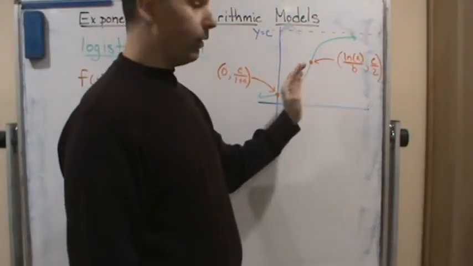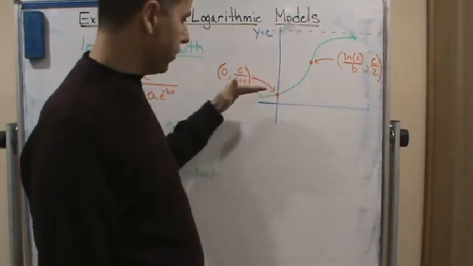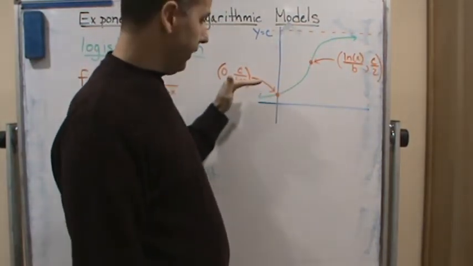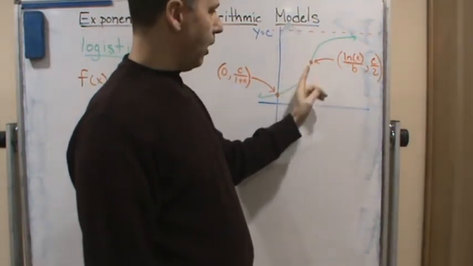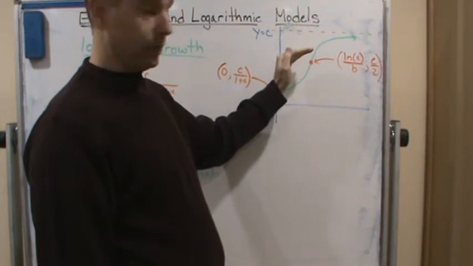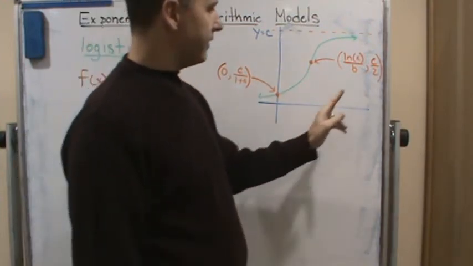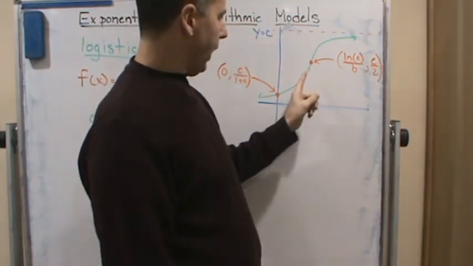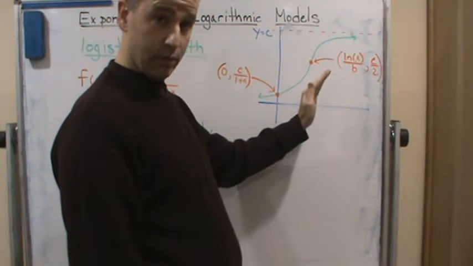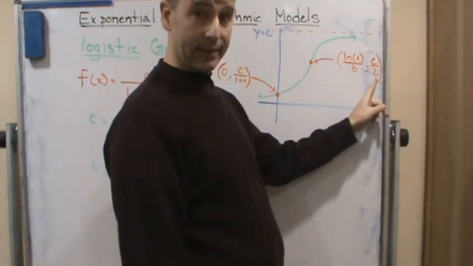Now, the point at which the growth rate starts to slow down. So here, the growth rate, right, is going up, okay? And then it starts to slow down. The point at which that starts to slow down is the inflection point of the curve, and that happens to be when the population gets to half the capacity.